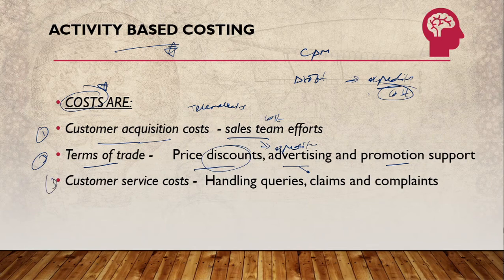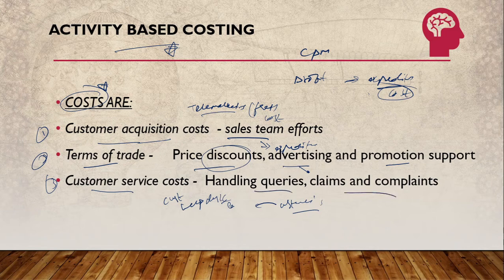Another type of cost is the customer service cost. Let's say in the first case you are trying to call from your end. Whereas sometimes what will happen is once you have a relationship, then sometimes the customer will call you. Then in that case you need to have a team like customer complaint or the help desk you have to maintain for handling the queries, claims and complaints. So this will also involve some cost.